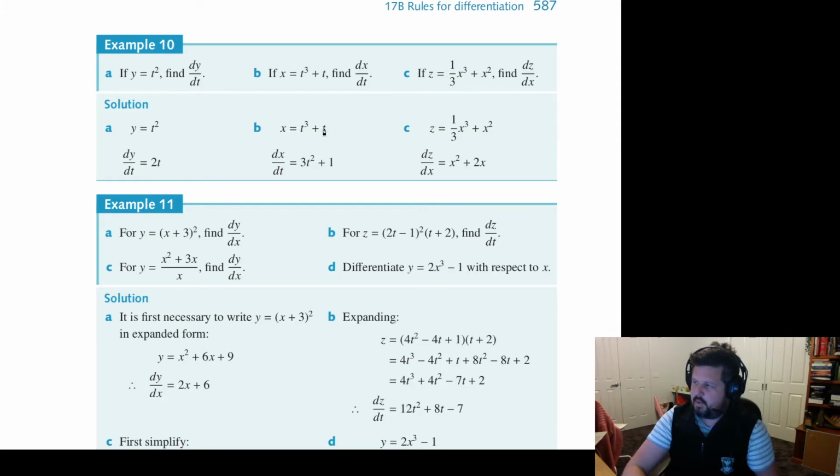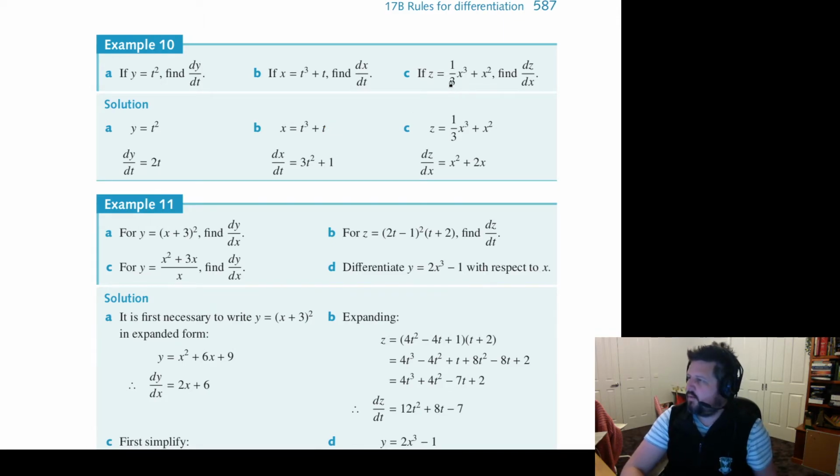Remember what we spoke about, it's just the value that's in front of this here, which is just 1. So it's really t to the power of 1 gets multiplied by the 1, which is 1. Take away 1 from the power, which is 0. t to the power of 0 is just 1. You'll get the hang of that one.